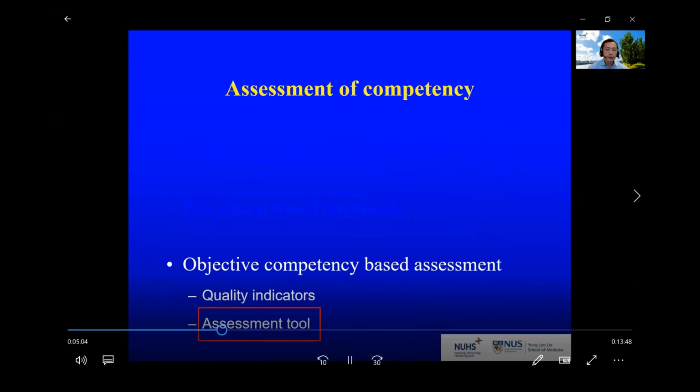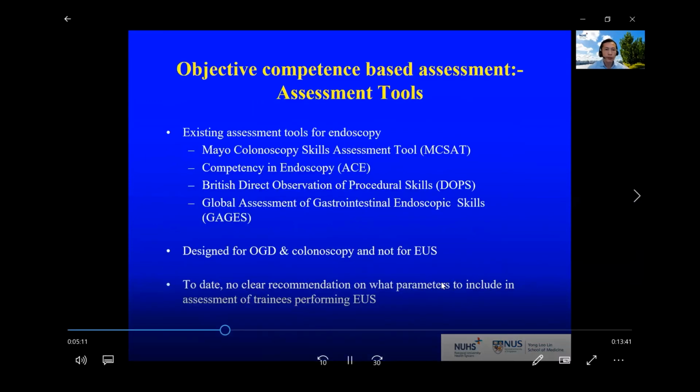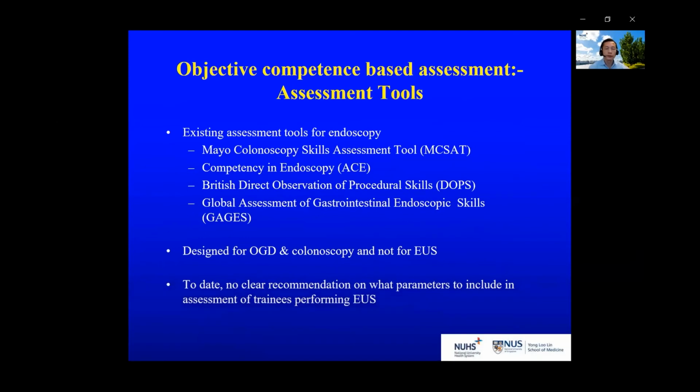This is where I come to the next issue, which is about assessment tools. If you look at the existing tools for assessing competency in endoscopy, we do have the various tools listed here. But these tools are all designed for OGD and colonoscopy and are not specifically designed for EUS.